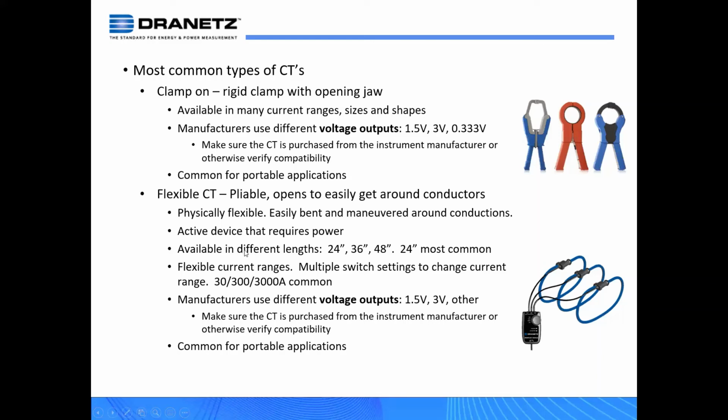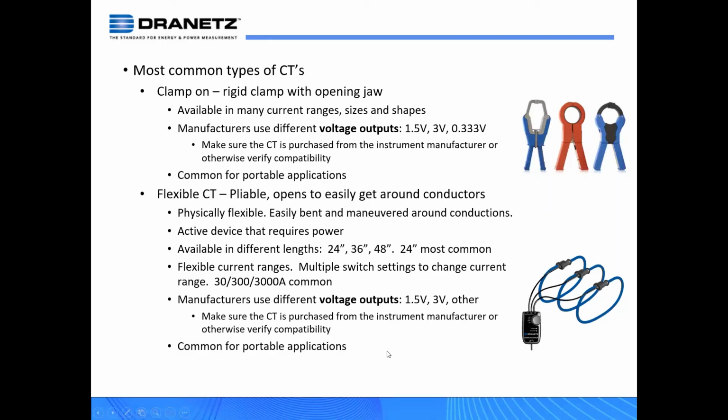Depending on the dimensions of the bus that you need to get around, they come in different lengths. 24 is the most common, but there's lengths of 36, 48. And again, these are transducers. So they're going to make a current measurement on their primary and then provide a voltage output of either 1.5 volts or 3 volts. Okay.